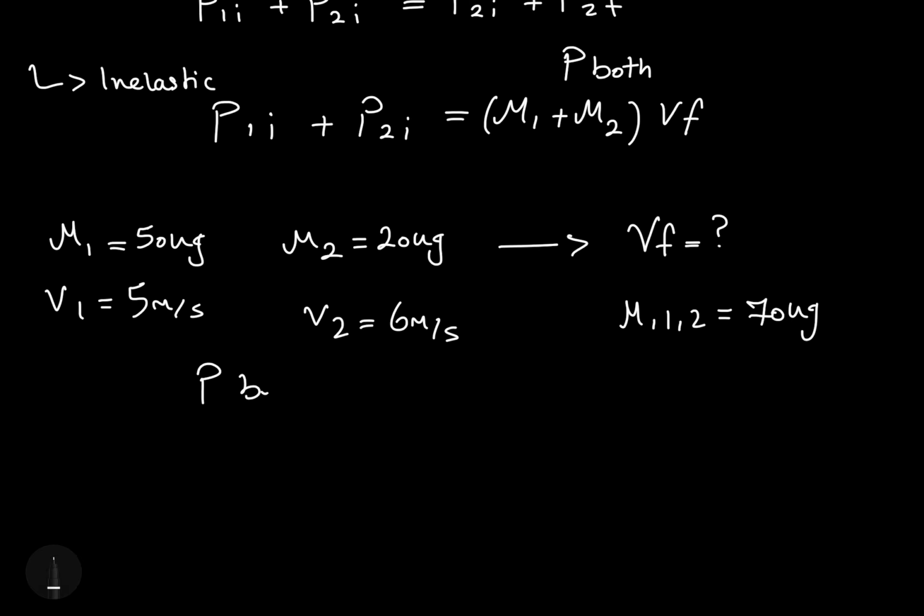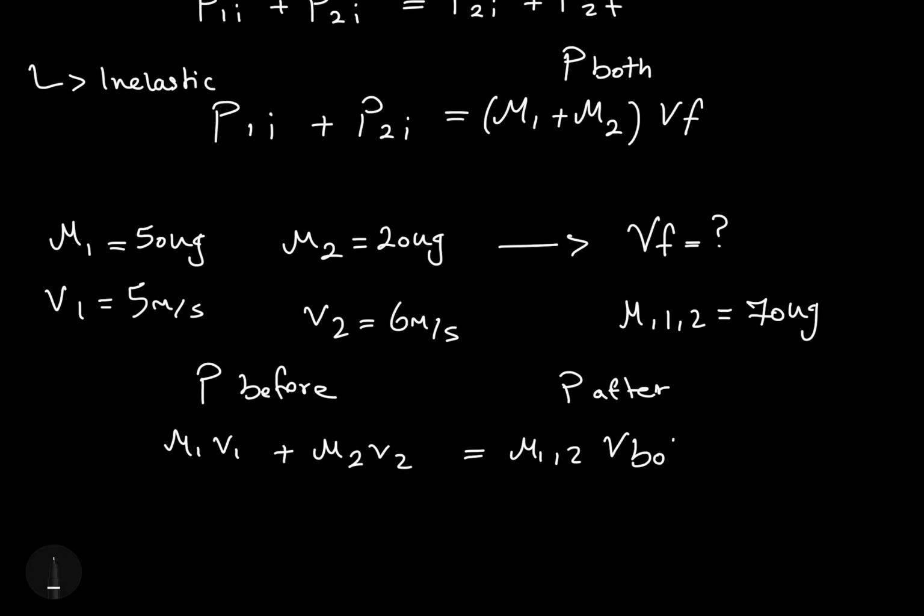So you can say the momentum before their collision is simply equal to the momentum after their collision. So you can say M1 V1, or P1I, the initial momentum of the first tackler, is going to be added to the momentum of the second person, which is the quarterback, M2 V2, and is going to be equal to the masses of both of them combined, or M1 2, multiplied by the velocity of both of them, or V both.